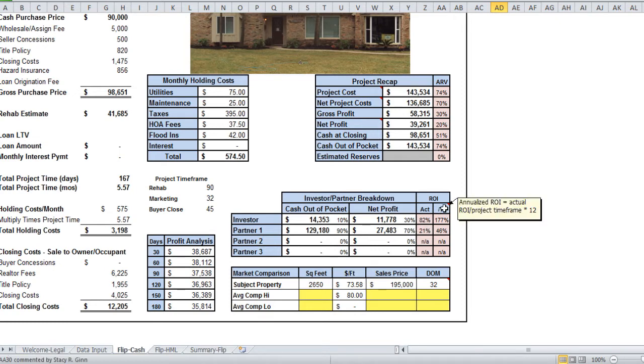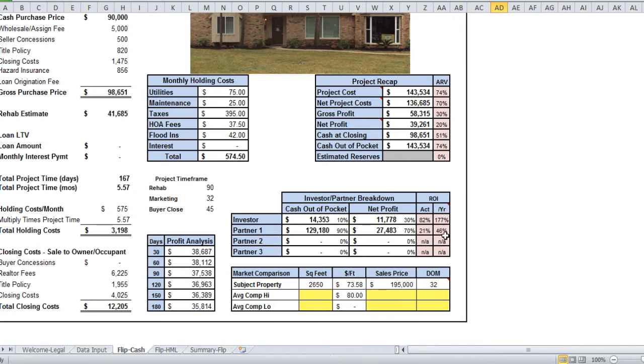The next is your annualized ROI. The way we calculate that is we take the actual ROI, which is the 82% or the 21%. We divide it by the project time frame in months. That's the period that your money was outstanding as you did the project, and multiply that times 12 months.